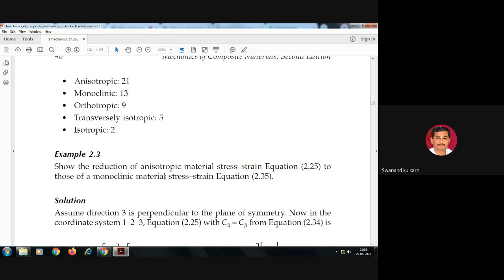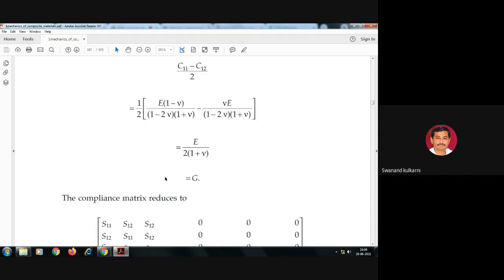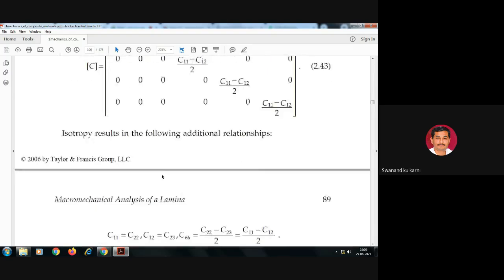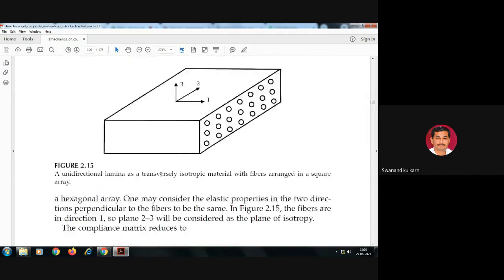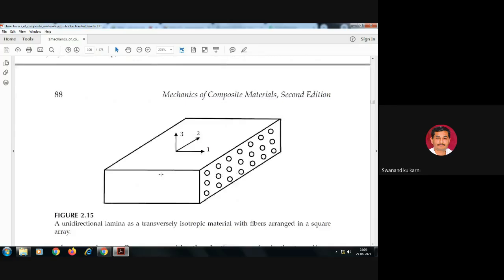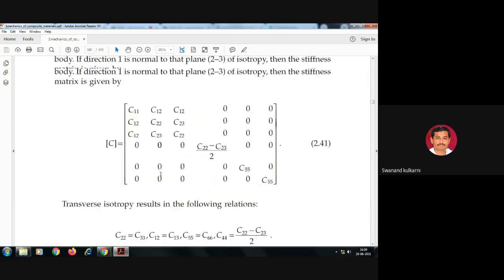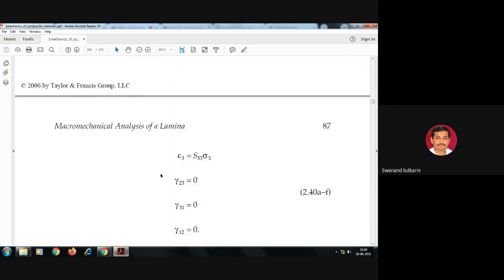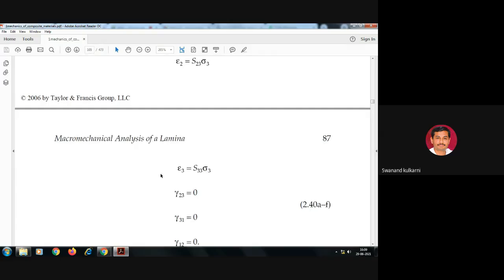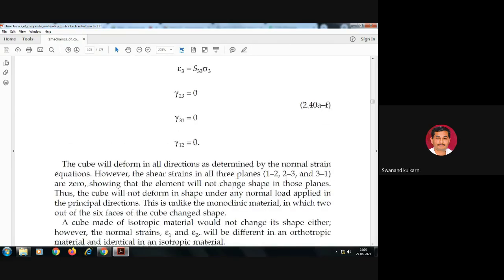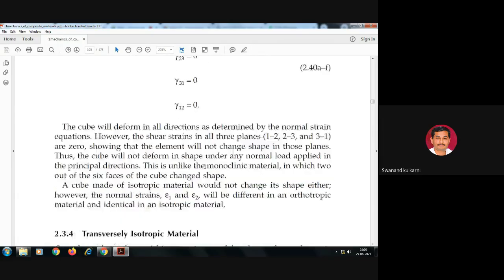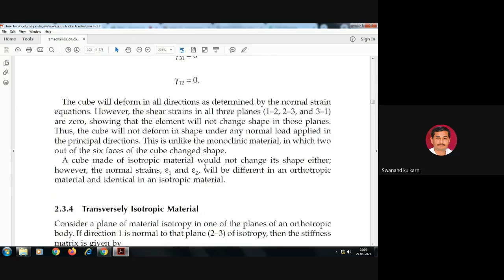Is it okay? So these things we should understand in case of composite material. That is very, very important as far as macro mechanical analysis is concerned. Purposefully we are using the words macro mechanical analysis of lamina. In case of micro mechanical analysis of lamina, we are referring to different standards.